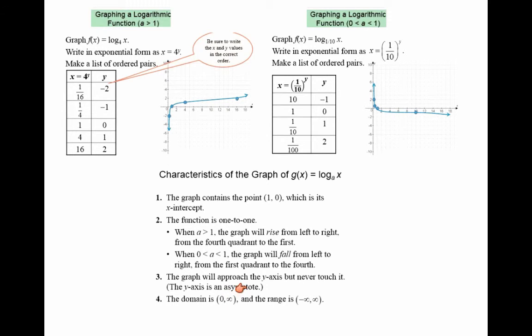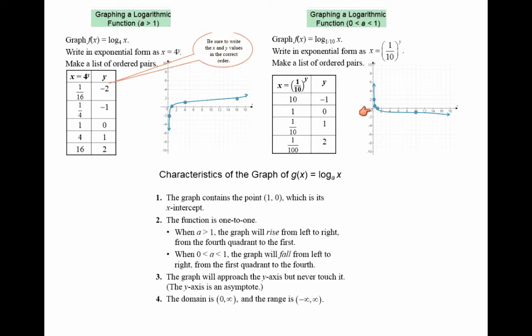The y-axis is called an asymptote. That's the name of this line. When the graph gets closer and closer to a line and never reaches that line, we call it an asymptote.